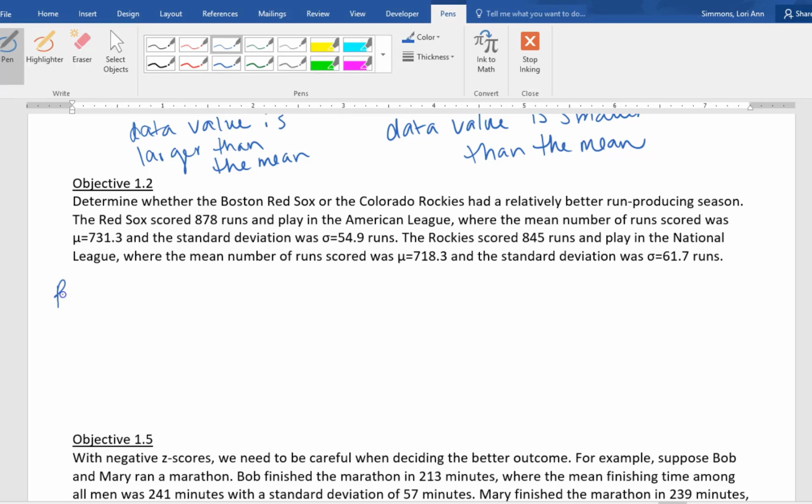So let's first look at the Red Sox. We want to find the z-score, because when we convert to z-scores, we have numbers that are easy to compare. I'm going to underline the numbers that correspond with the Red Sox.